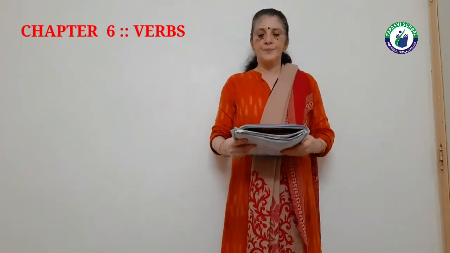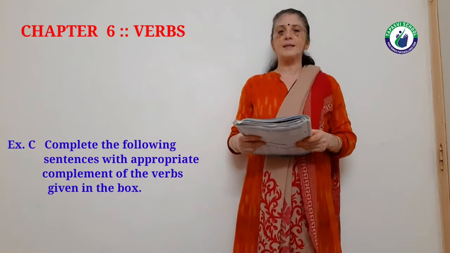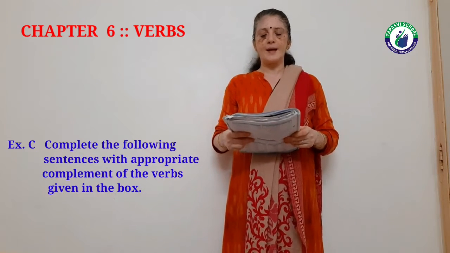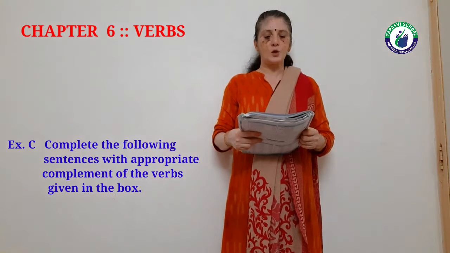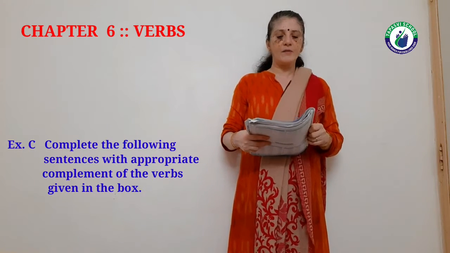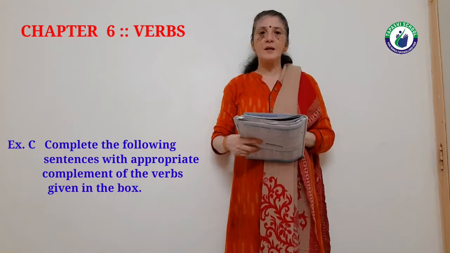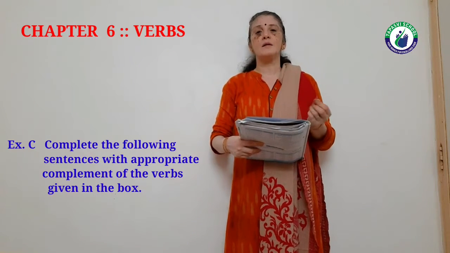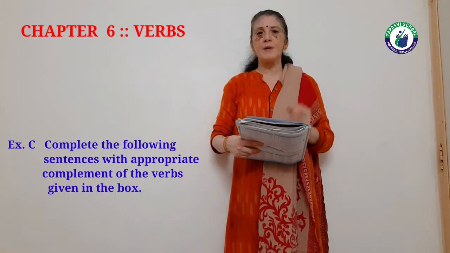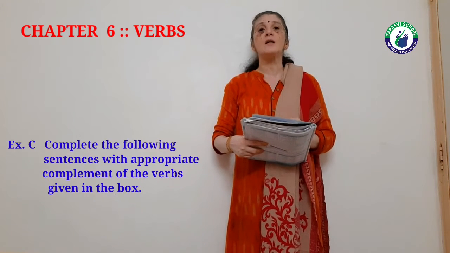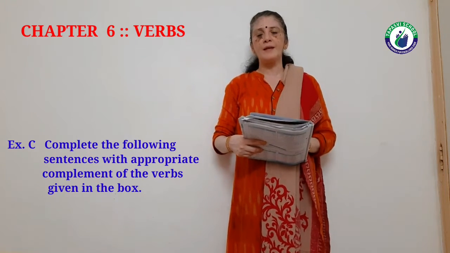Now see here, complete the following exercise C. Complete the following sentences with appropriate complement of the verbs given in the box. In short, verbs are given, but they are verbs of incomplete predication because they require some words or group of words to complete the sentence.